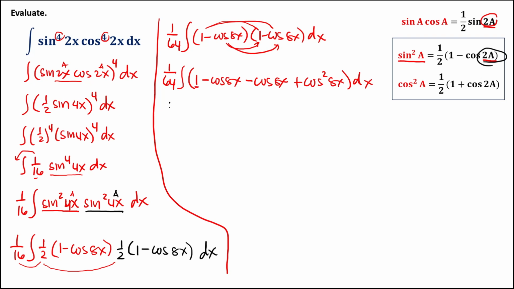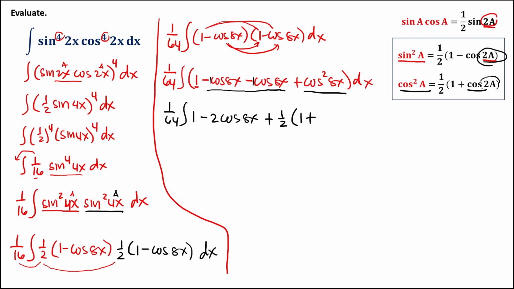To simplify, this is 1 over 64, then the integral of 1, then negative 1 and negative 1 gives negative 2 cosine 8x, then plus cosine squared, using this identity, equal to 1 half times 1 plus cosine 2a, where a is 8x, so 2 times 8 becomes cosine 16x. Then we have the dx.